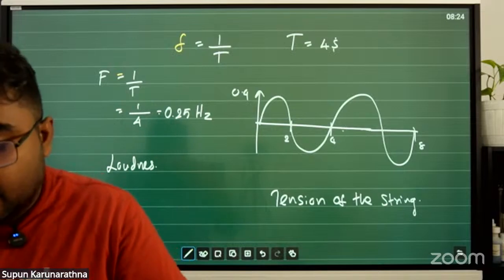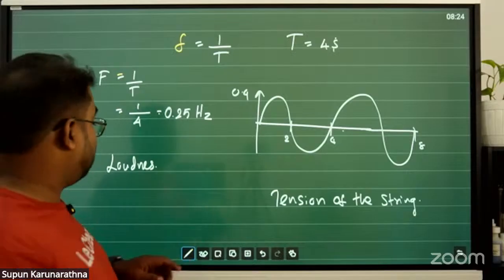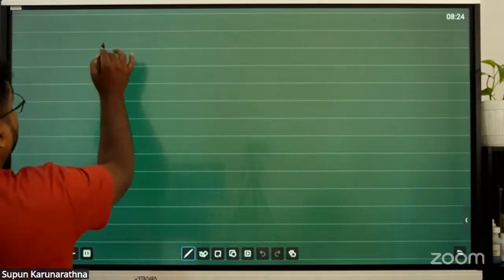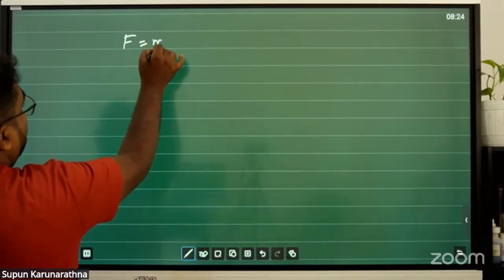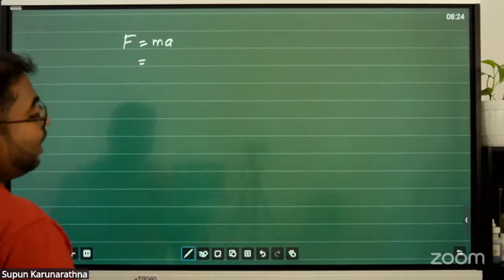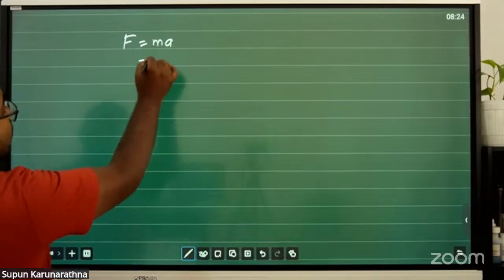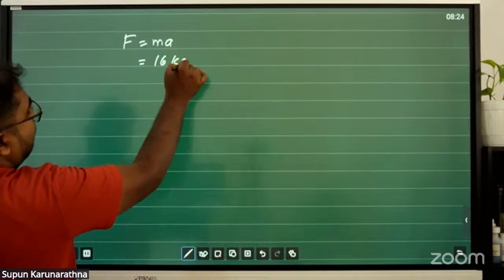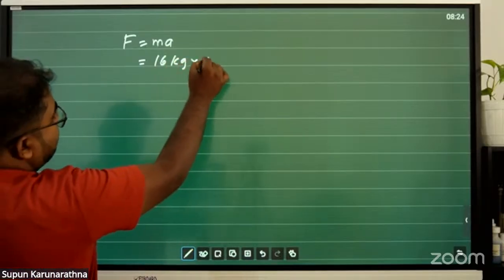Find the force required to create the acceleration 0.25. The object is 16 kilogram. Easy question. F equals ma. The mass is given, 16 kilogram, and acceleration is 0.25.